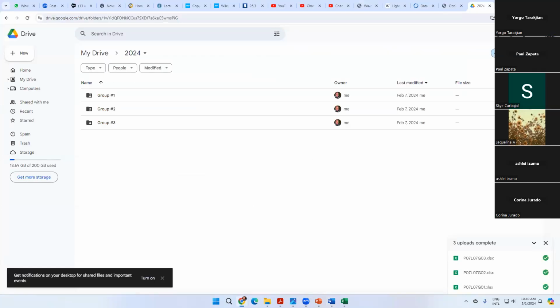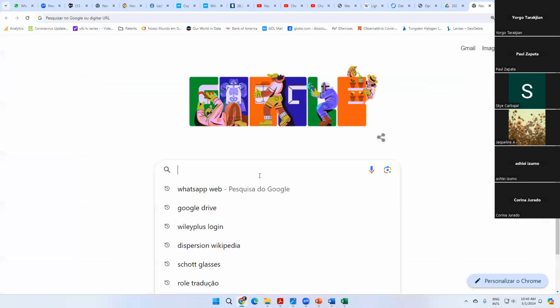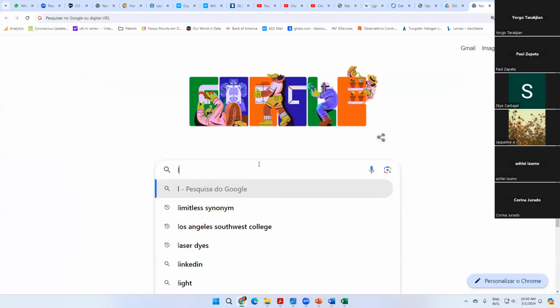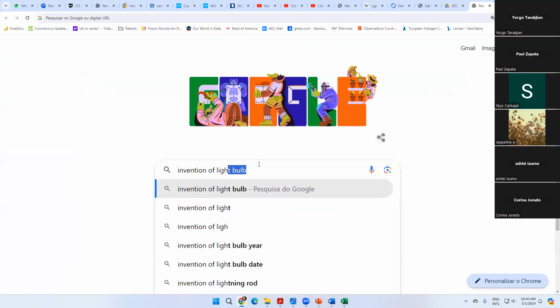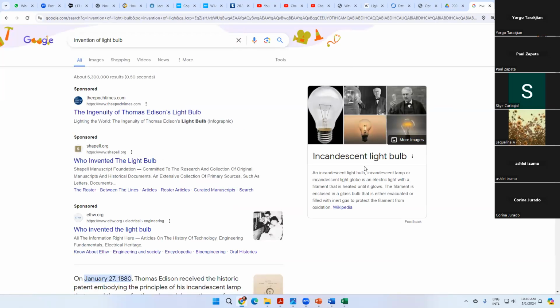I'm not talking about the LED, but about the type of light attributed to Thomas Edison's invention. Every time I forget the name of this type of light. Incandescent. Oh, I always forget it.